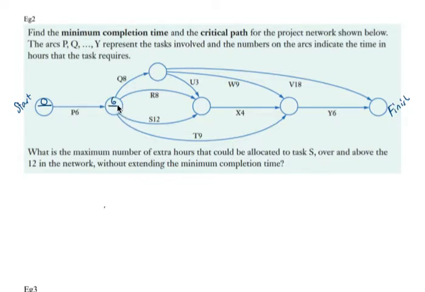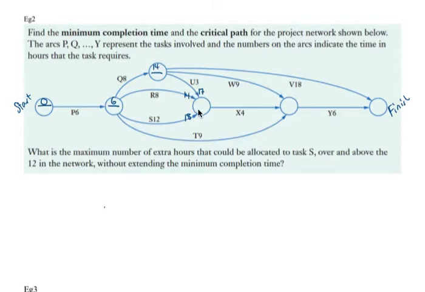Go to activity 8, there's one node coming in, so our working is 6 plus 8 is 14. This is the earliest I can start all of these activities. Next is we look at this node here. Now we can only do this node when we've finished that node, because we need to know all the nodes going in. 14 plus 3 is 17. 6 plus 8, 14. 6 plus 12, 18.